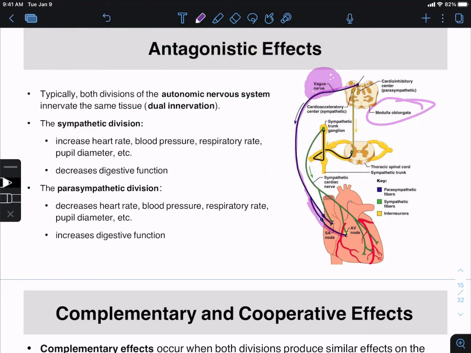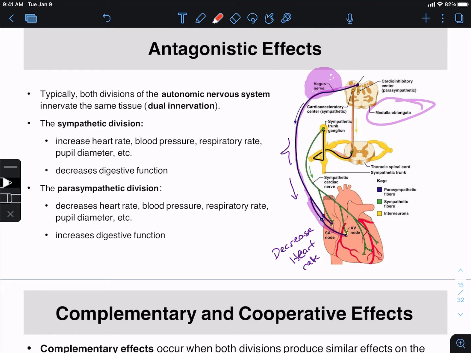So activity on the parasympathetic nervous system in the form of action potentials will decrease heart rate, and that's the vagus nerve. So know that activity on the vagus nerve decreases heart rate. On the other hand, if you take a look at the sympathetic nervous system, we have the cardioacceleratory center, which is just sympathetic.